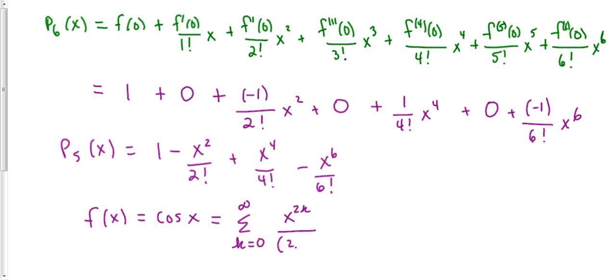That's going to be divided by 2k factorial because whatever the power is up here is also what we're taking the factorial of in the denominator. And then finally, our signs are alternating, and we take care of that by negative 1 to the k.